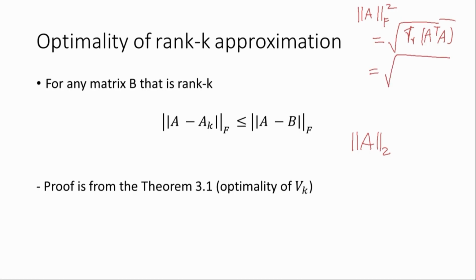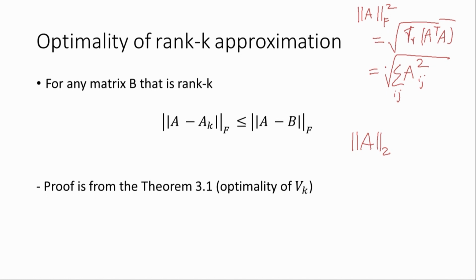Close enough. A transpose A is a matrix, so what does root of A transpose A mean? Root of the trace of A transpose A. You could write it as the root of the trace of A transpose A, but there's a much simpler definition. Basically, it's nothing but the root mean square of all the entries.